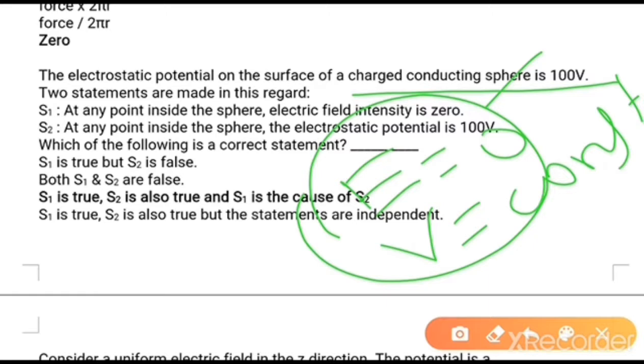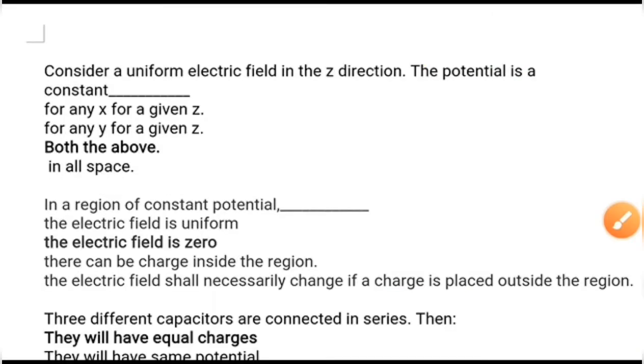What is the correct answer among the following? Here we analyze that the first statement is true and the second statement is also true, and the first statement is the cause of the second statement, because the second statement tells that the potential is constant. If the potential is constant, then the electric field will be 0. We know the formula.